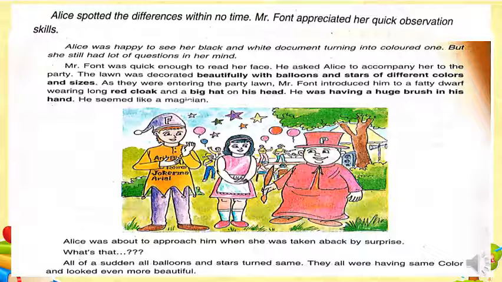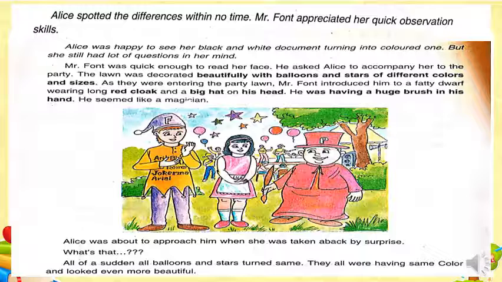He asked Eliza to accompany him to the party. The lawn was decorated beautifully with balloons and stars of different colors and sizes. As they were entering the party lawn, Mr. Font introduced her to a fat dwarf wearing a long red coat and a big hat on his head.